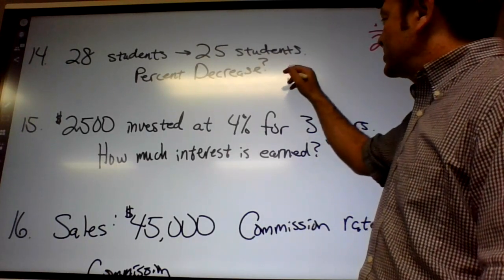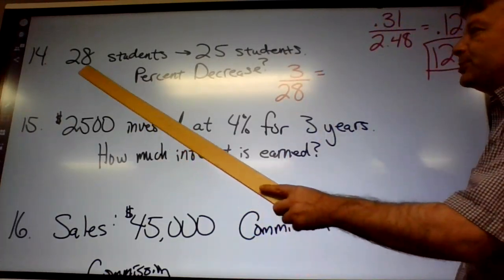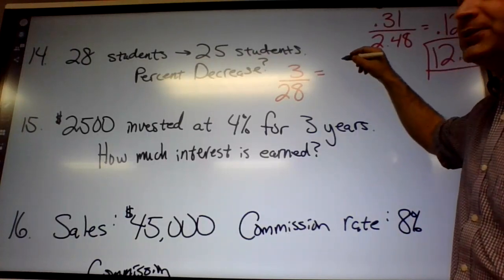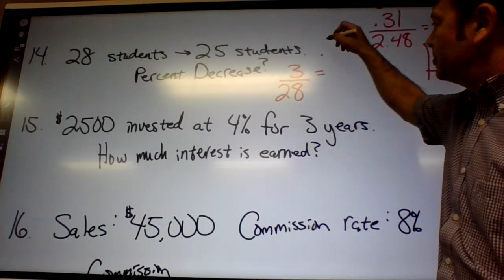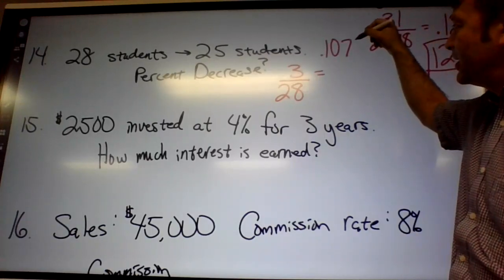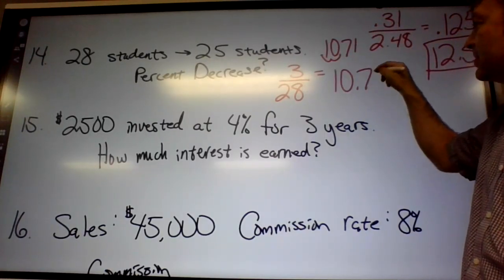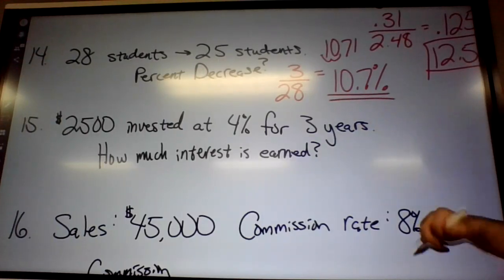This one I don't think came out as nice. 3 out of 28. 3 is the change from 28 to 25, going down. 0.107. So we'll do 10.7%. I can't remember, the directions probably are different in this section. I do not remember where it says to round it, but we'll go with that.